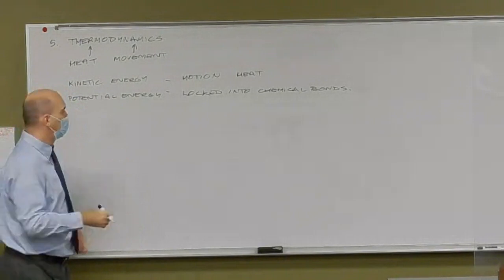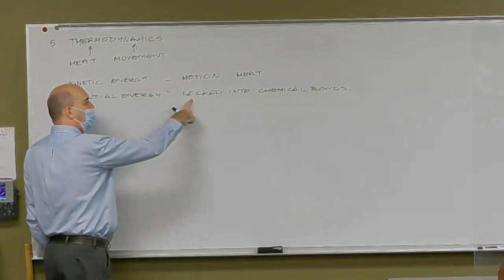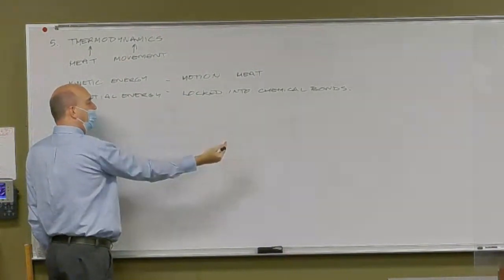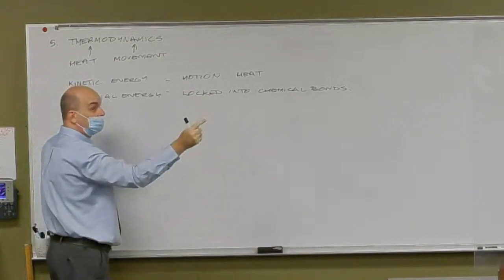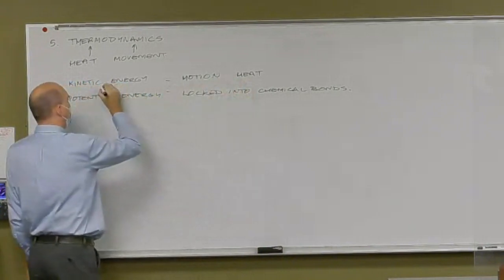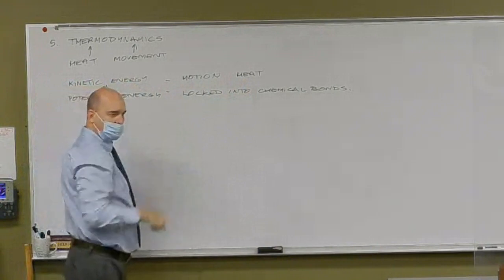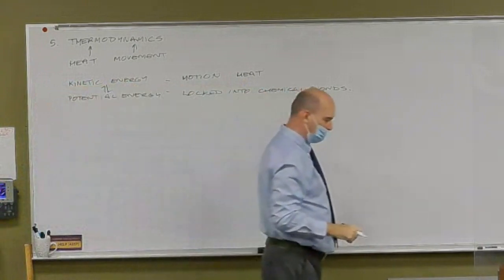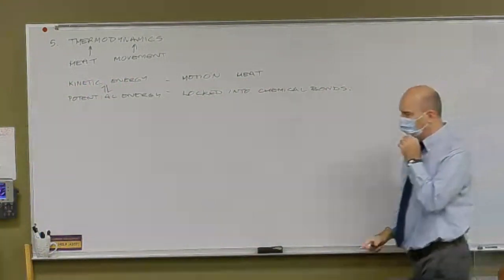progresses. Okay. So if energy is locked into bonds and we put more energy in if we make new bonds and get energy out if we break those bonds, getting the energy out is going to be in the form of heat. So these two can be converted into each other. Potential energy can be converted into heat energy.